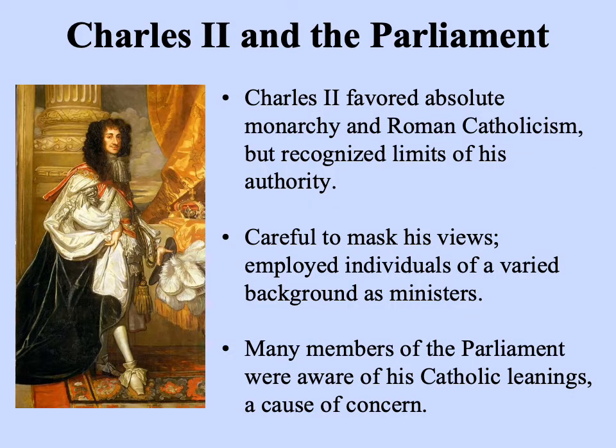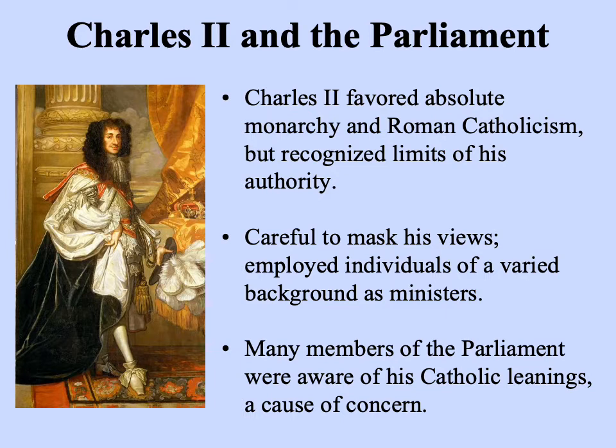Now, if you had asked Charles II in your heart of hearts, what would you prefer? He would have preferred absolute monarchy. And he would have preferred Catholicism. But again, he recognized the limits of his authority. Much different than his father, much more like his grandfather, James VI, right? So even though he preferred absolute monarchy and Roman Catholicism, he was very careful to mask his views. As far as the individuals he employed as ministers, he kind of mixed it up.